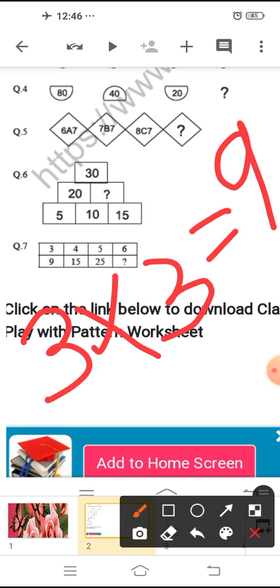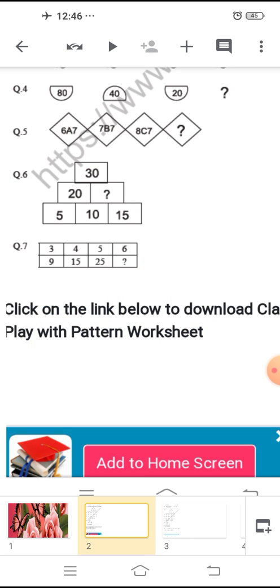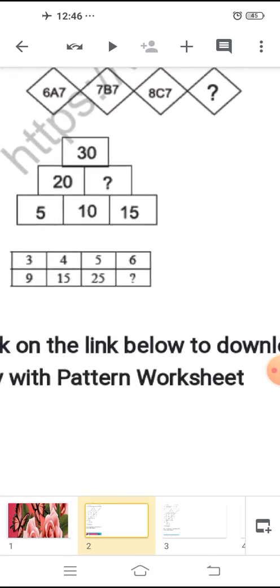So if we are adding 3 three times, that will give you 9. And if we are multiplying 3 into 3, that will also give you 9. So if we are taking the multiplication form in a pattern or the adding form, it should be the same, and that will give you the same number. Understood? Now come to next question.